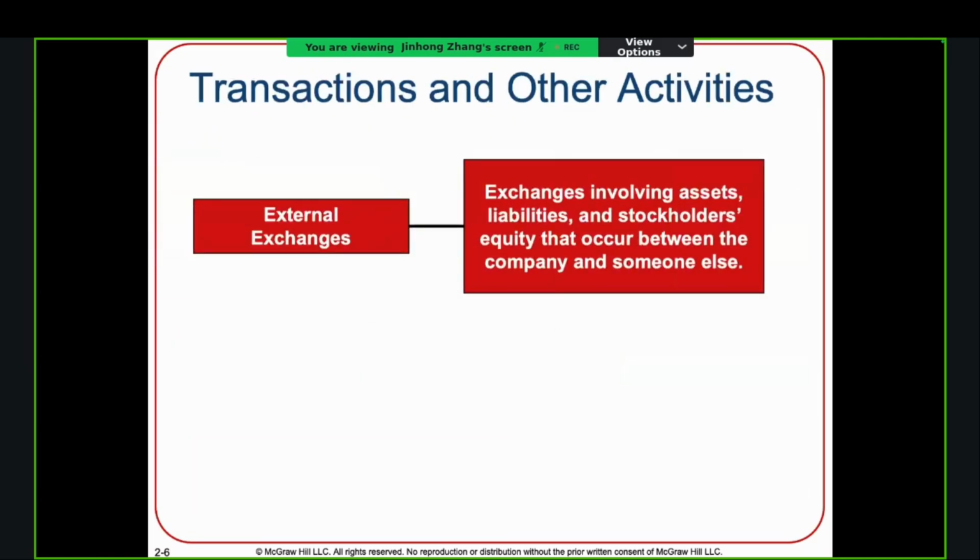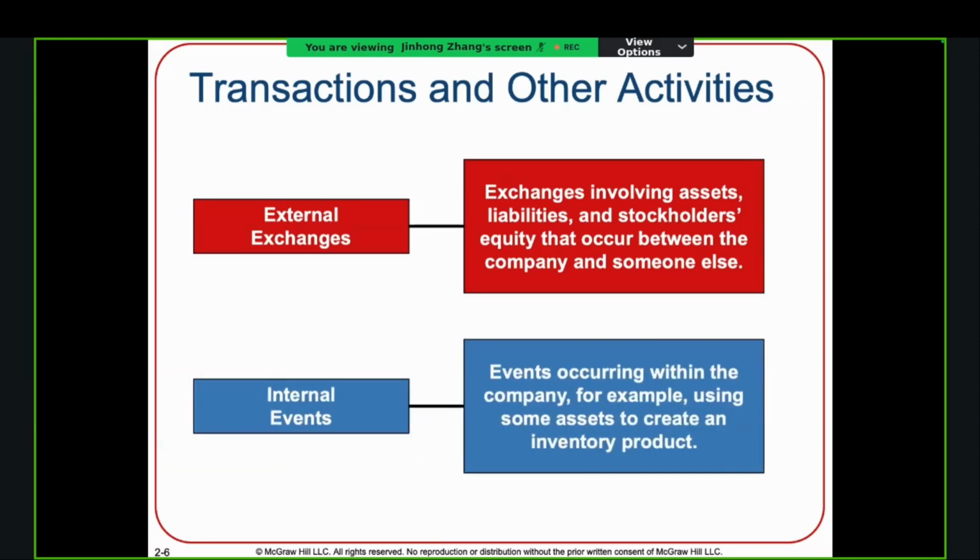An external exchange is basically an exchange between the company and someone else. So you're buying from a vendor, for example, paying them for the service to come as a cameraman or the DJ. You pay them $1,000. That's cash going out, and that's your expense, called cameraman expense. It's always happening like that.